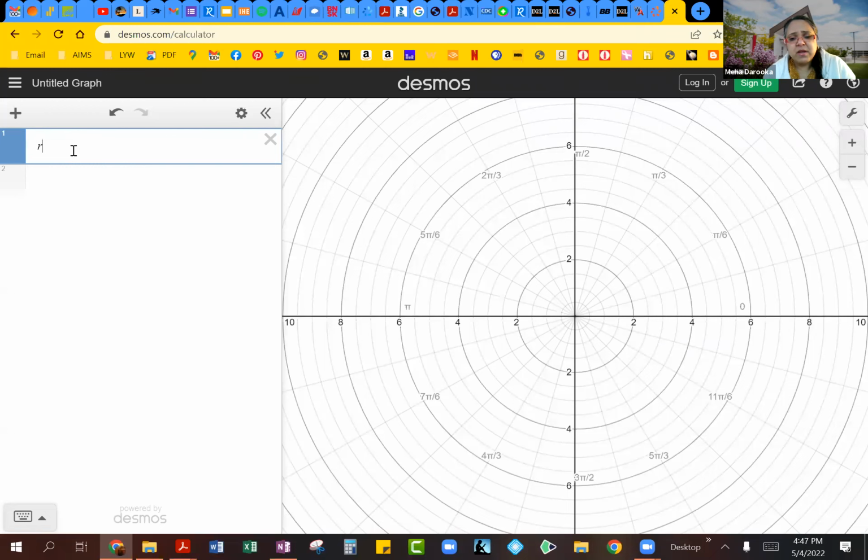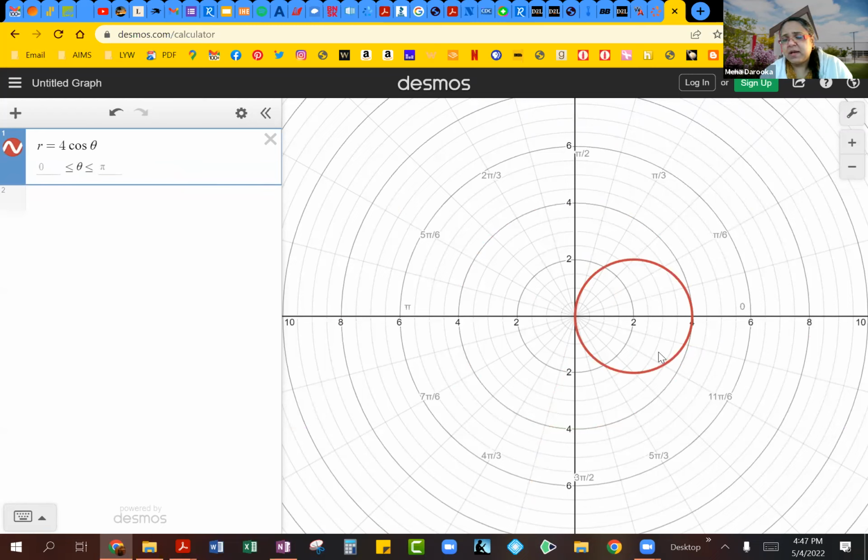And then here we would type in R equals 4 cosine theta, and you can see that's what your graph ends up looking like. And then, of course, if you needed to, you would be able to see, at the different angle values, what your points would end up looking like, if you had to do a little table to graph these functions.